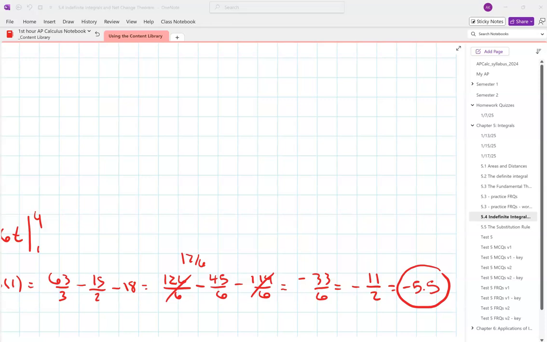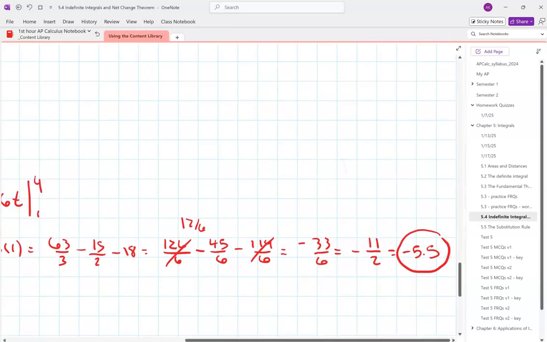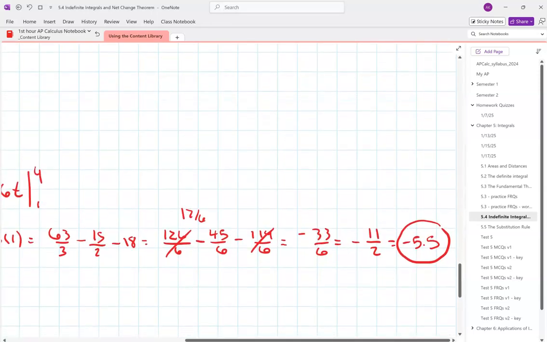Oh my God, it's doing this again. The book says it's supposed to be negative 4.5, so I lost something somewhere. What did I lose? I must have done some multiplication wrong somewhere.